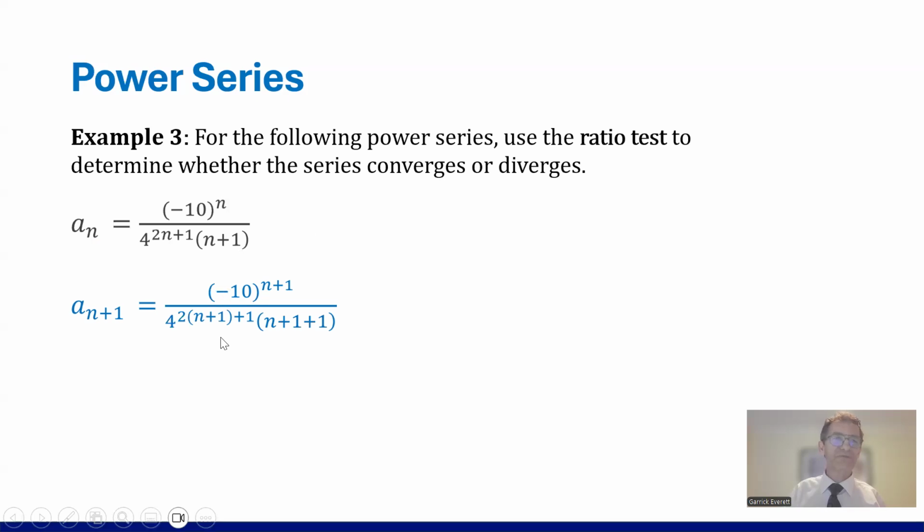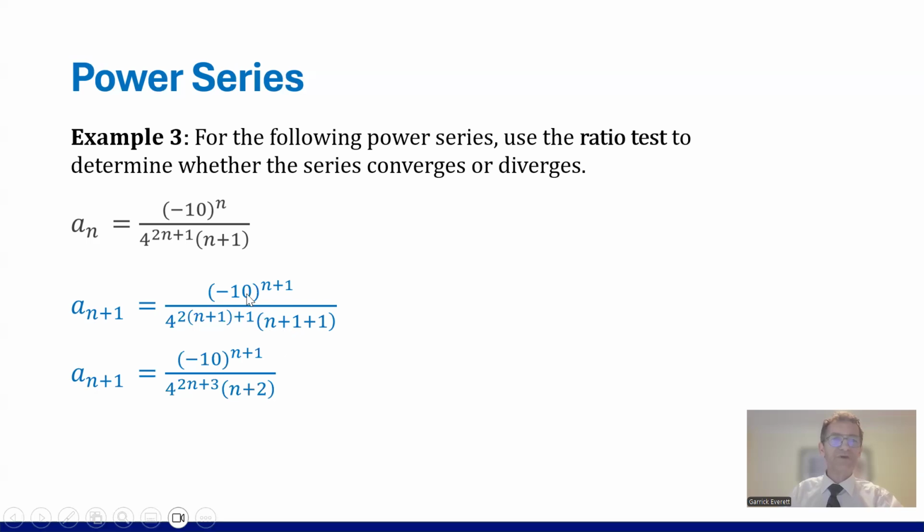Now we're going to simplify it. We're going to get minus 10 to the n plus 1, 4 to the 2n plus 3, multiplied by n plus 2. All we've done here is we've got a_n, which is the question, and we just put in n plus 1 wherever there's an n. I could have put that in brackets if I wanted.